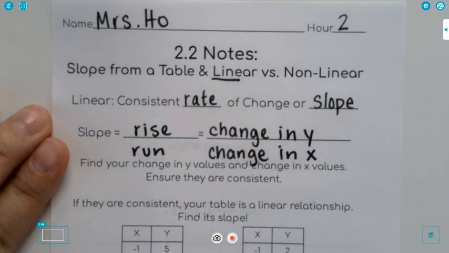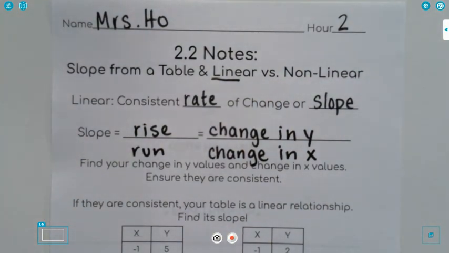That is the same thing. So change in y values over change in x values. Your y values are on your y-axis, they're going up and down, so that's the same thing as your rise. How much you're changing up or down is your rise, how much you're changing side to side is your run. So it's just a different way to say the same thing.